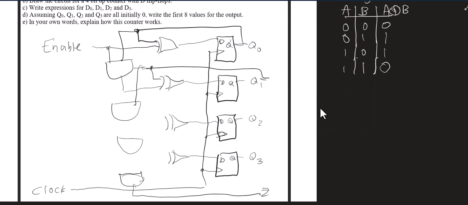The second input for this next AND gate is the output from the AND gate above it.